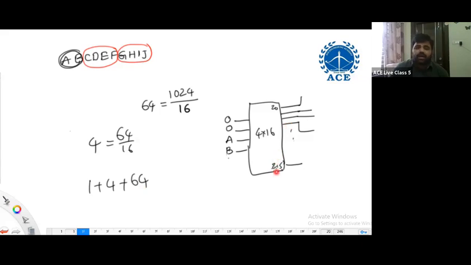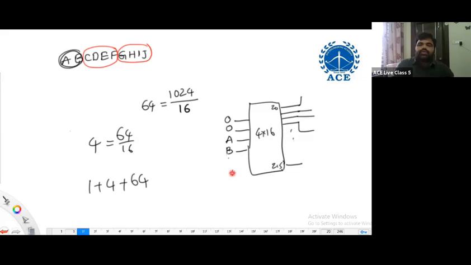Otherwise, it must be specified. There are decoders which have enable signals. So it must be specified. Then you may go with other possibilities by using the enable signals, or AB for these 4 number of 2 to 4 decoders, by applying A bar B bar, A bar B, A B bar, A B. Again, I'm using inverters here.